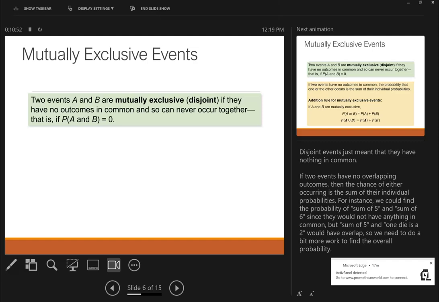Everybody agree with that? Most of our simple probability games like rolling a die or flipping a coin, at least with a single coin or a single die, are mutually exclusive, right? Now if I'm rolling two dice and the event is rolling a 7, is that mutually exclusive? No, right? There's a bunch of different ways to roll a 7.